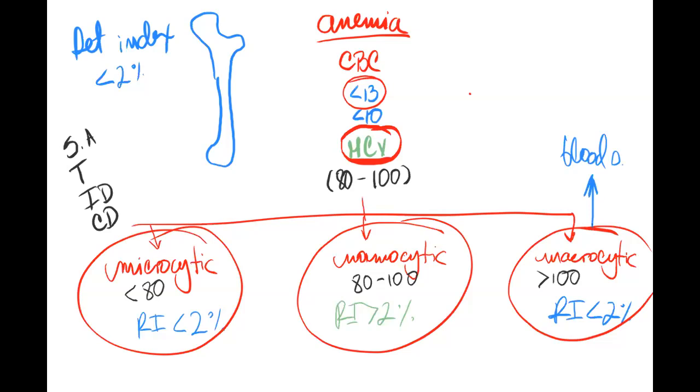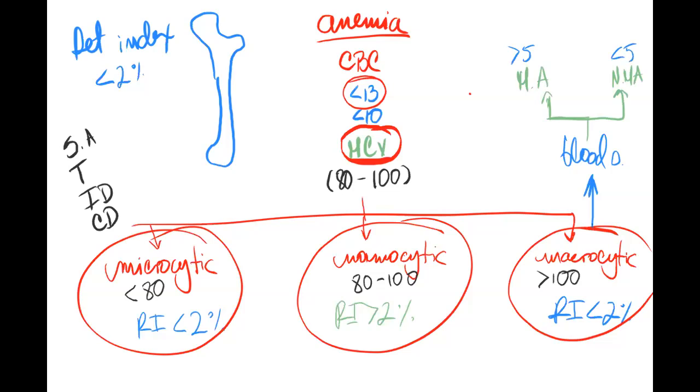So we classify the macrocytic anemia as megaloblastic or non-megaloblastic. The megaloblastic anemia shows more than 5 lobes in the neutrophils, but in the non-megaloblastic anemia we see less than 5 lobes in the neutrophils.